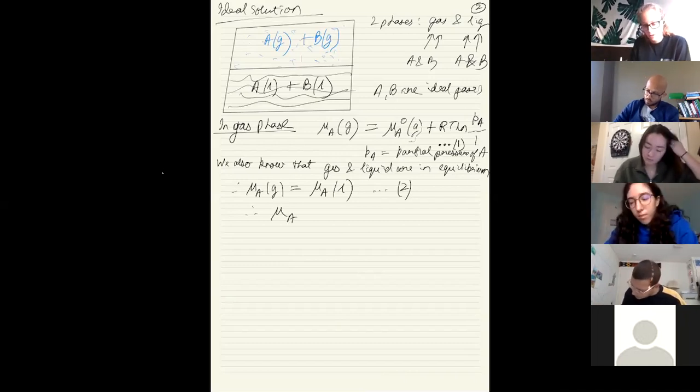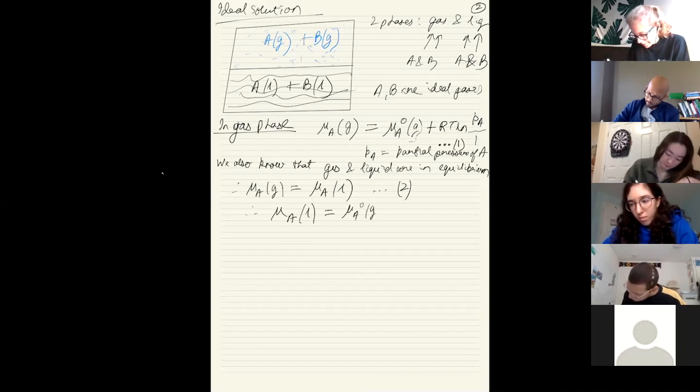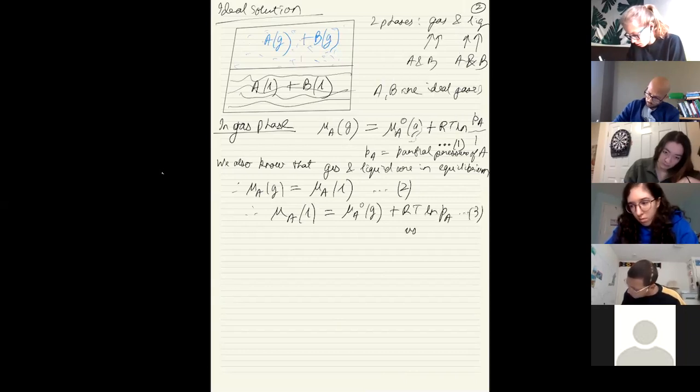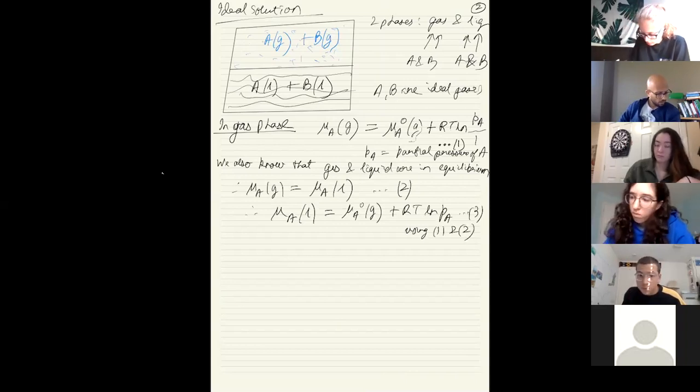Therefore, mu A liquid is equal to mu A naught gas plus RT ln PA. This is our equation number 3, using 1 and 2. Okay, great.